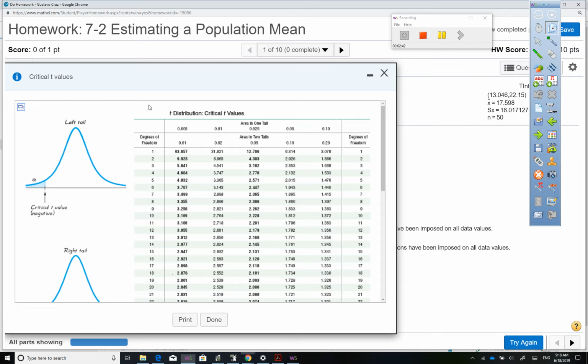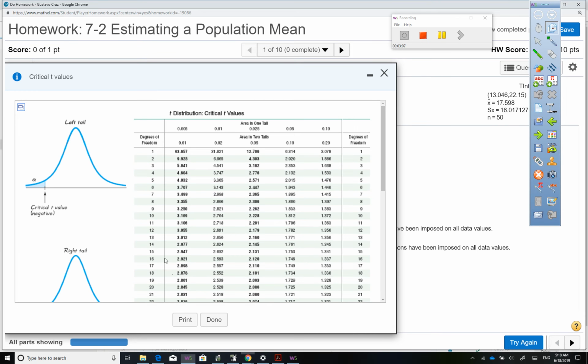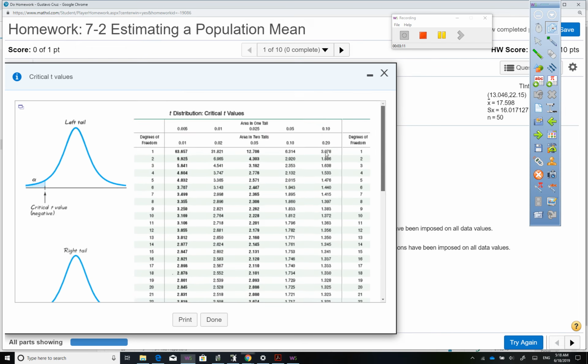And we also need the degrees of freedom. In this column, you will see degrees of freedom. In this case, degrees of freedom is 49. So there is no 49 if you scroll down right here. Remember, we are on this column of 0.05, two tails, and I need to find 49 in this column.